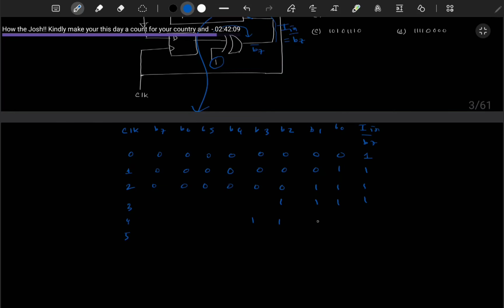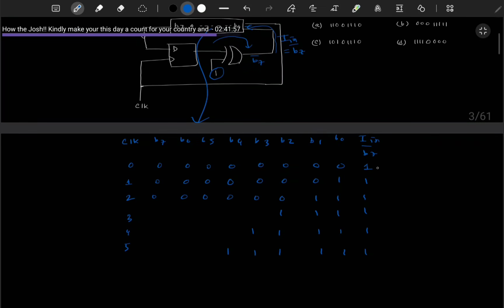Similarly it will shift here, and then shift here. And the in value will be always 1 up to 5 clocks at least, because B7 is always 0, so the bar will be 1. So after 5 clock pulses, the answer is B. You can check with this. Okay, I am not writing these zeros.